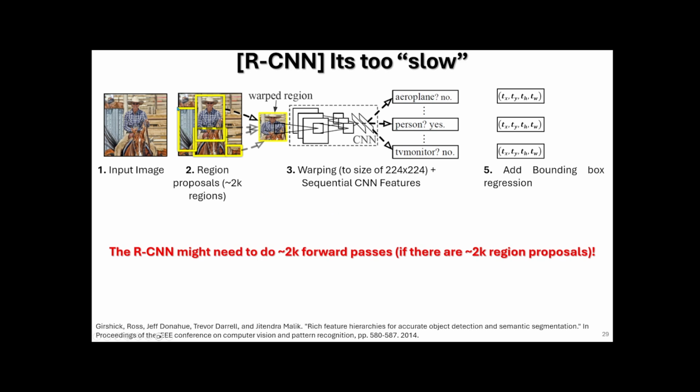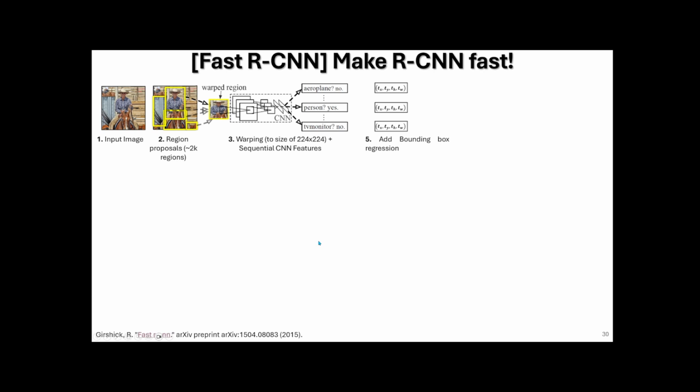So you pass it through a selective search to get these proposals, then each of them you're passing through the CNN. Can you do slightly better? The key idea is instead of running the crops or warped regions through the CNN, can we first pass the image through the CNN directly instead of cropping, and then the region proposals will be done separately.